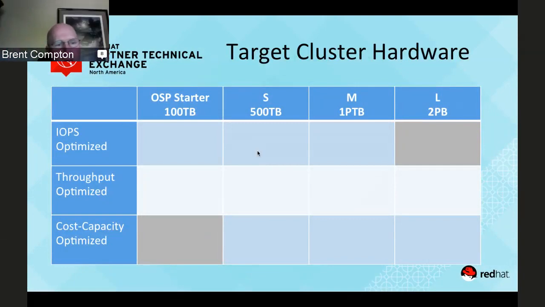The cost drops dramatically between throughput optimized clusters and cost capacity optimized clusters. Back to the last thing that Kyle covered, the data protection scheme: when you have, for instance, 73% usable to raw capacity versus 33%, if you need a petabyte of usable storage, instead of buying 3 petabytes of raw in order to get a petabyte of usable, you're buying more like 1.4 petabytes.